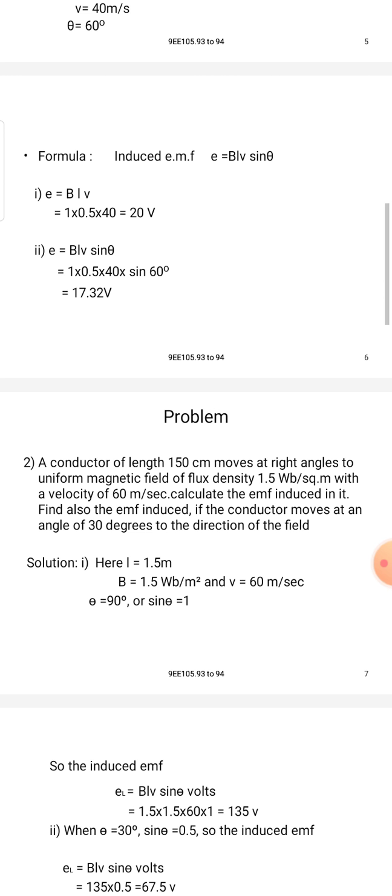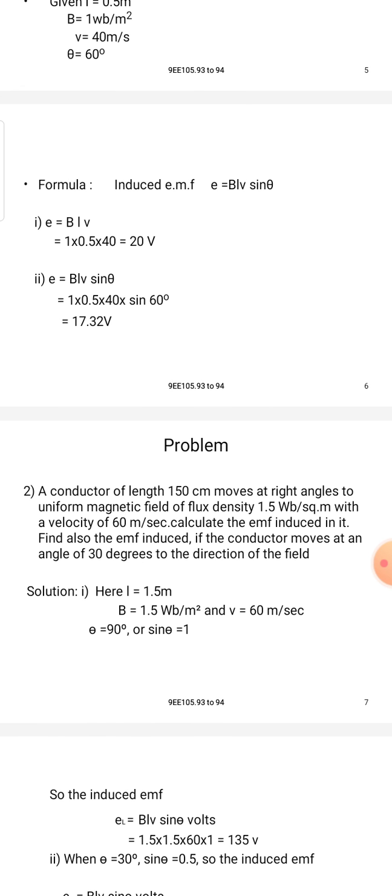At that condition, theta is 60 degrees. The flux density B is equal to 1, L is 0.5, and V is equal to 40, into sin 60 degrees. You calculate that value and get the induced EMF at 60 degrees as 17.32 volts.